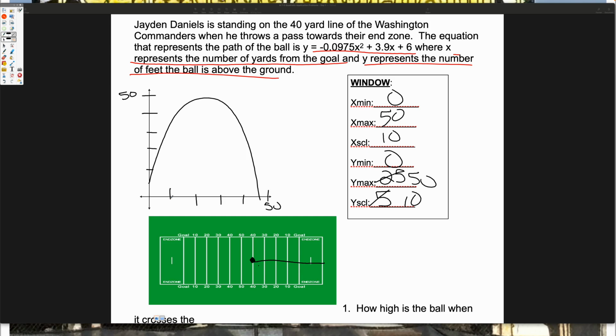You're just giving a rough sketch, and we're just drawing those little tick marks. All right, so there's our window and our graph all set up. So now we're going to start answering questions based on information that we find in our calculator.